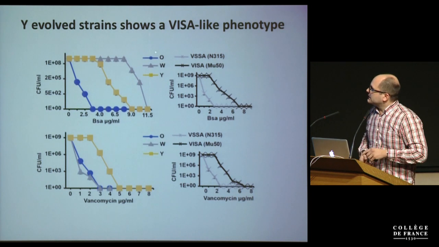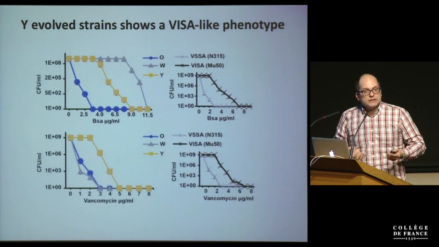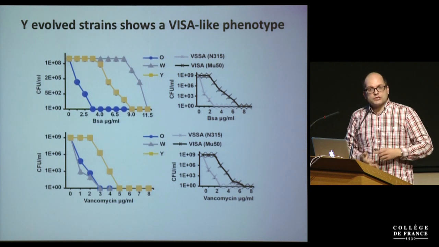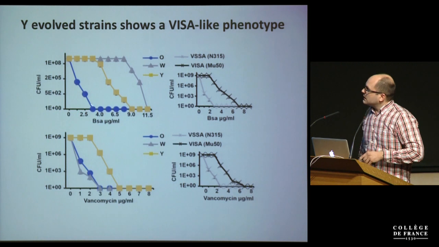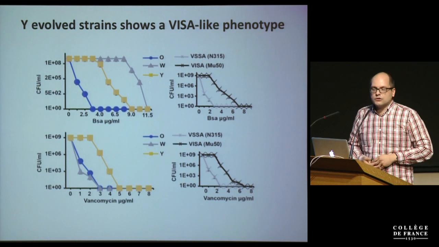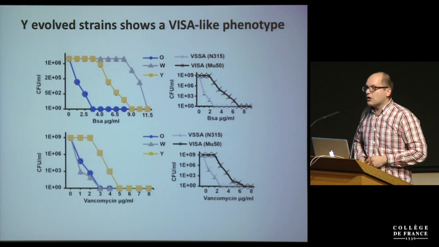For the origin, which was not able to express the cassette for the production or the immunity to this antibiotic, we see a very low resistance profile. It dies with lower concentrations of the antibiotic.